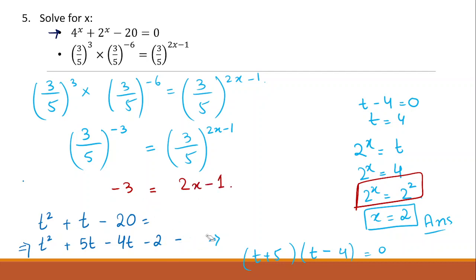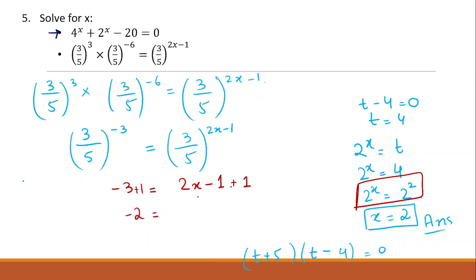So when you simplify this equation, let's see what you will get. You have to find the value of x, so you have to isolate x. In order to isolate x, add positive 1 on both sides. So negative 3 plus 1 is negative 2 equals this, negative 1 and positive 1 will be cancelled.